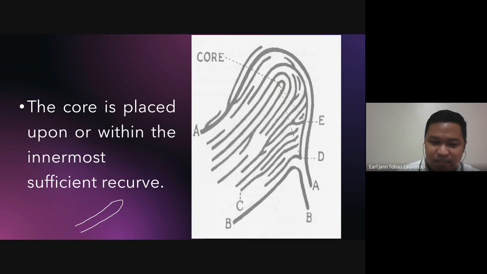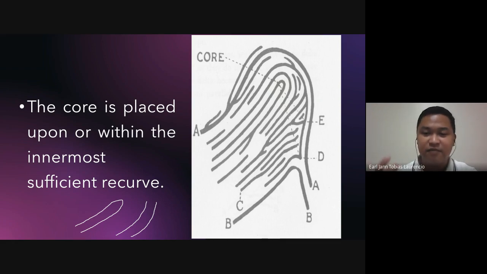So in our imagination, if this is the innermost ridge, a recurving ridge, we imagine it as if the two legs are separated, just like that, as if there is no shoulder that connects the ridges.